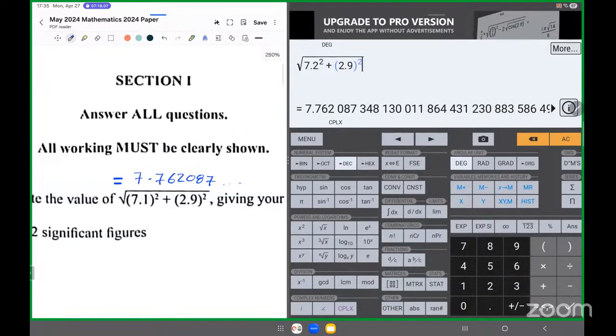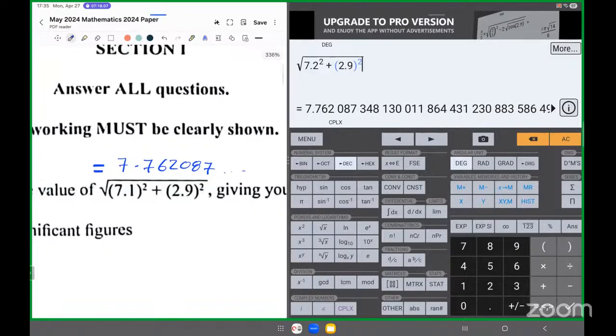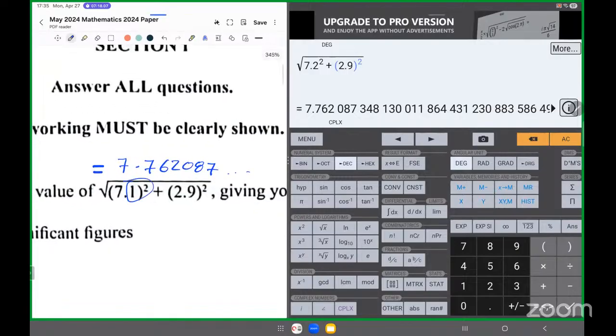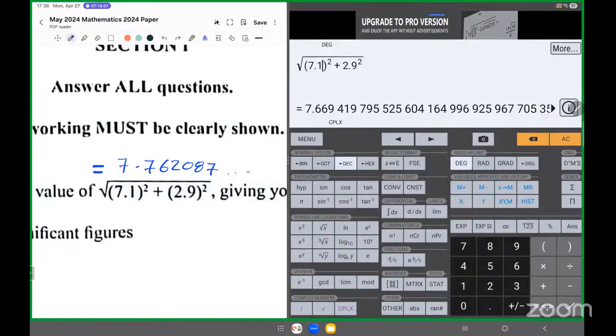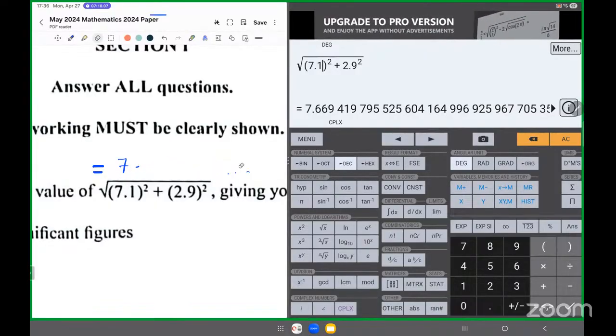That's not right? Hold on. Oh, it's 7.1. Thanks for that. See, that's why I have to check and make sure you type it in the correct way. Even I'm making the mistake that I'm always telling you not to make.